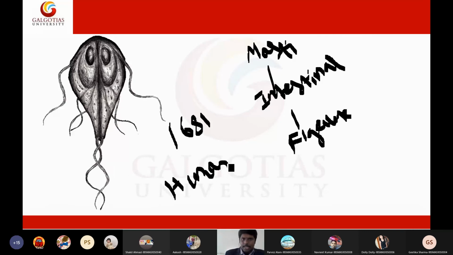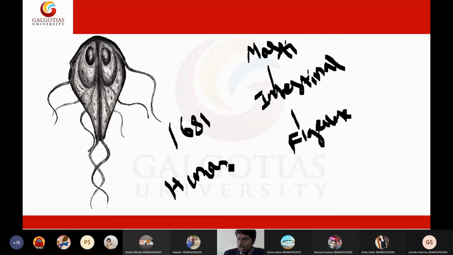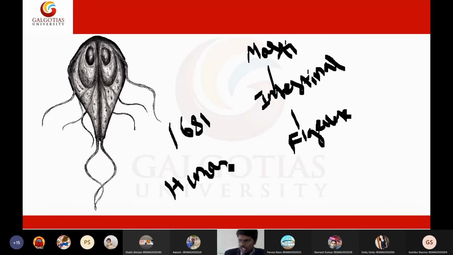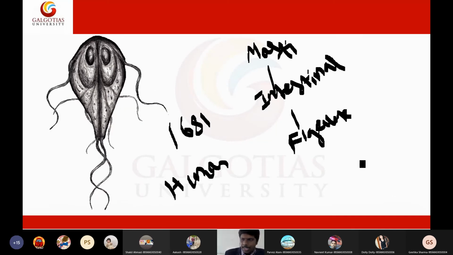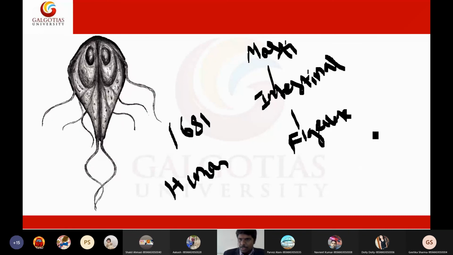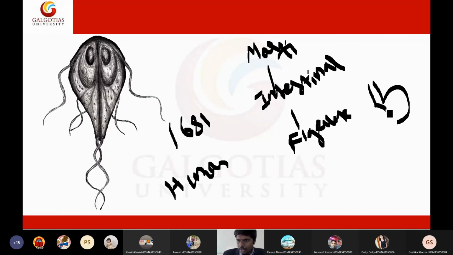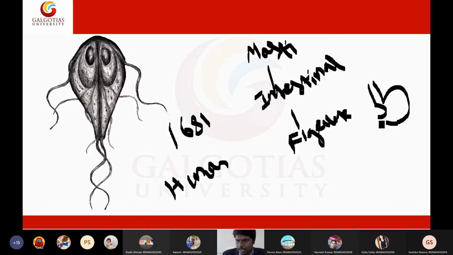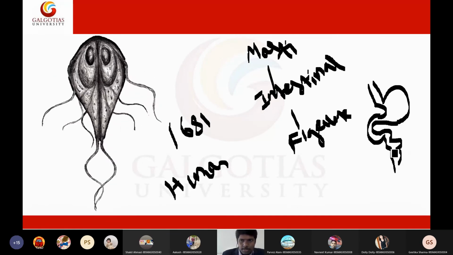Coming to the habitat, Giardia lamblia is present in the duodenum and upper part of the jejunum of the intestine. If you see the stomach, immediately after it is connected a bending pipe called the duodenum. After this it connects to the small intestine.